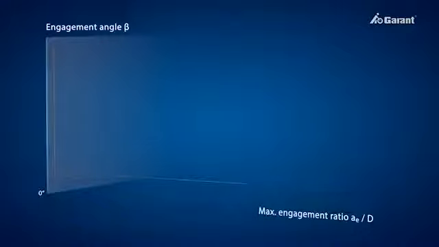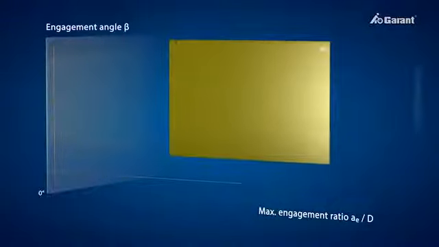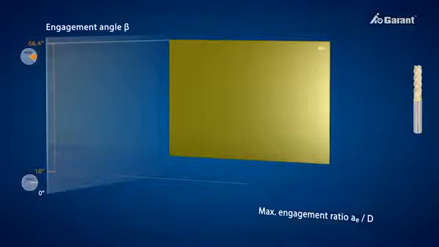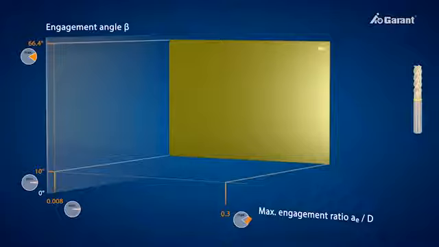Let's consider the optimum application ranges for the tools in relation to the engagement angle beta and the ratio Ae to D for the respective material. For machining aluminium, the optimum engagement angle lies between 10 degrees and 66.4 degrees, corresponding to an engagement ratio Ae to D of 0.008 to 0.3.